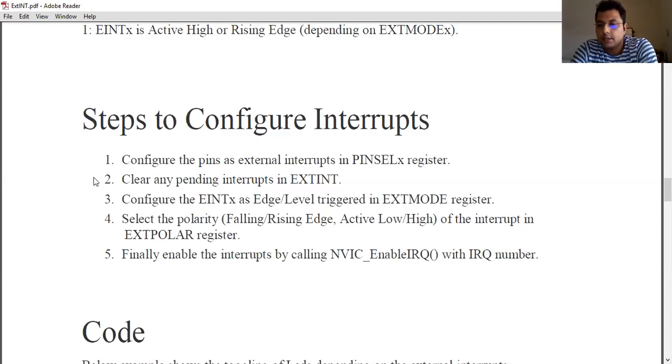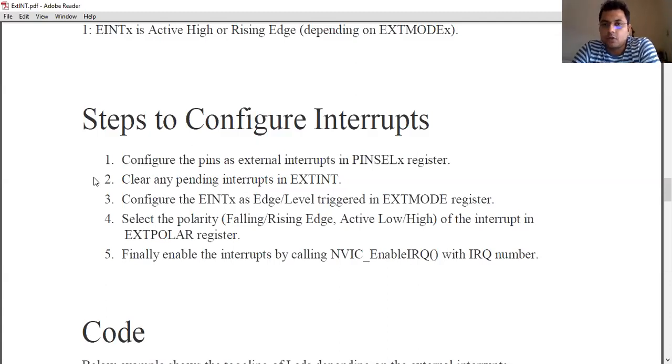Once it is done, then in the program we require one interrupt handler. Whatever we write in the interrupt handler would be considered the interrupt service routine. In normal operation, as and when the external interrupt occurs, your normal operation would be halted and your interrupt service routine would take charge.